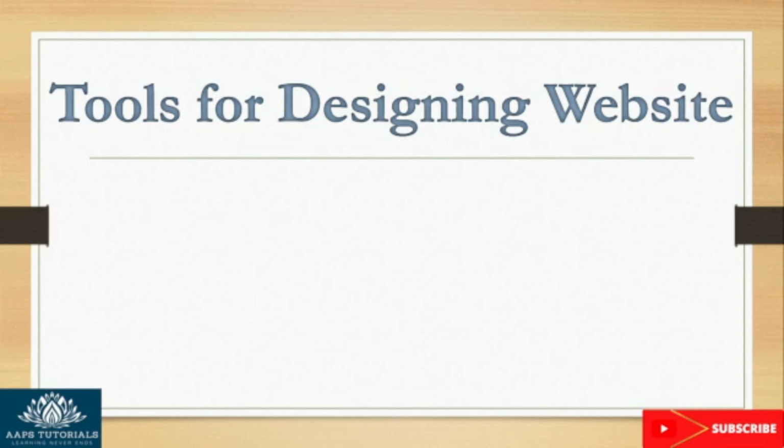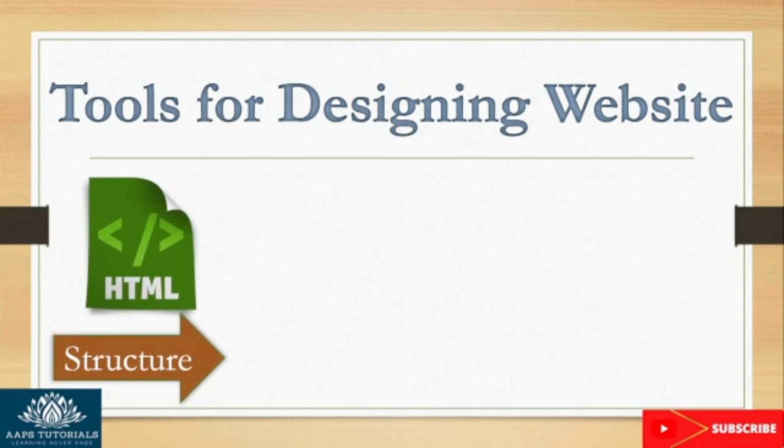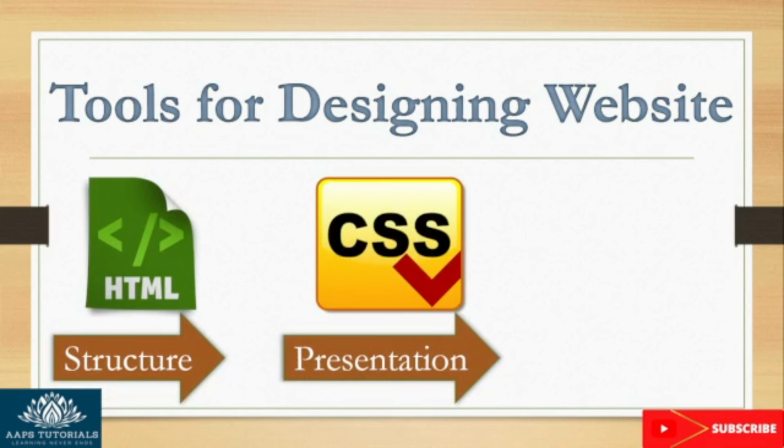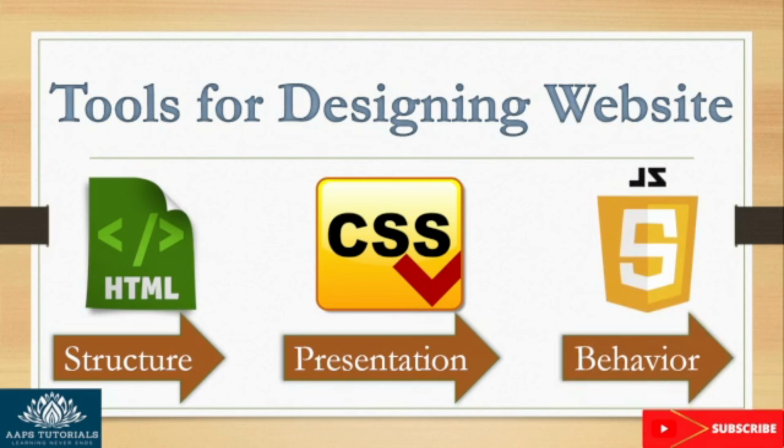So basically, front-end development includes various languages such as HTML, which is used to build the structure of a web page. The second tool in front-end is CSS, which is used for the presentation of our web page, which involves setting up a background color, the font size, and the font style. Our third and last important tool for website development is JavaScript.